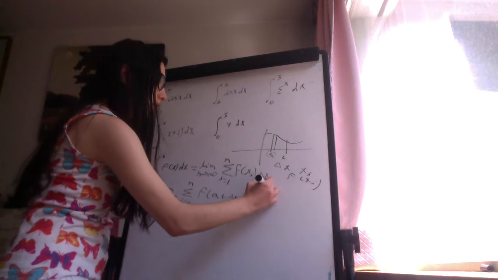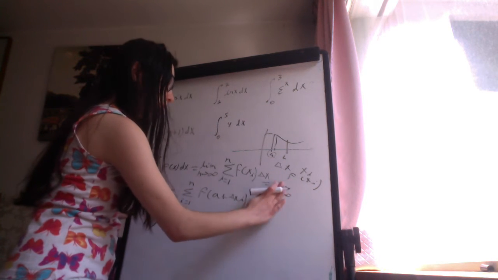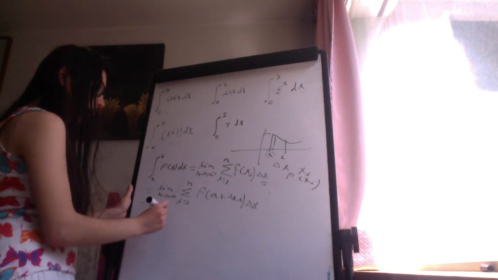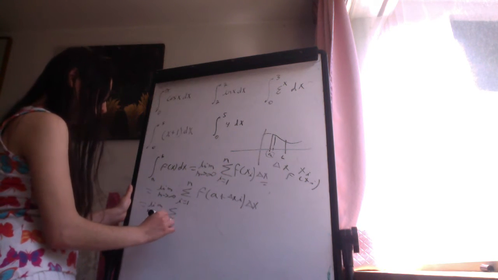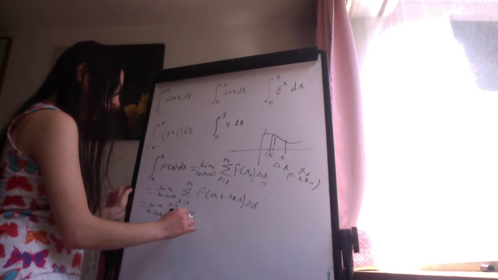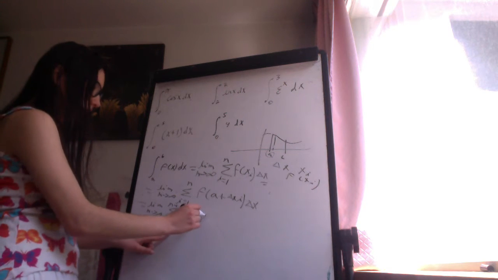And the non-traditional way for the right Riemann sum will be the limit as n approaches infinity of the summation from i equals 0 to n minus 1 of f of x sub i plus 1, because we are starting down here, we need to go up here, times delta x.